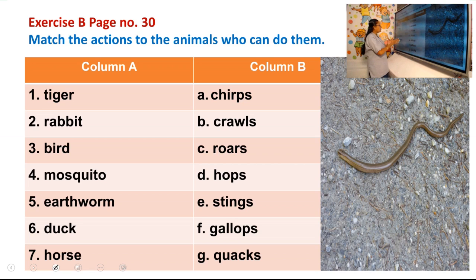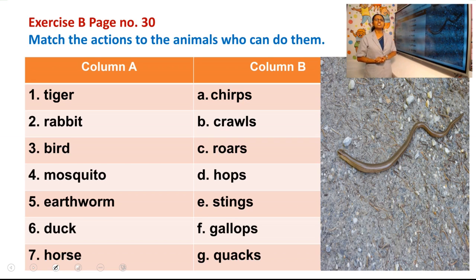So here in column A, the names of animals are given, and in column B, the actions the animals are doing. The actions are given here. Let me read that. The column A. Tiger, rabbit, bird, mosquito, earthworm, duck, horse. And in column B, different actions are there.